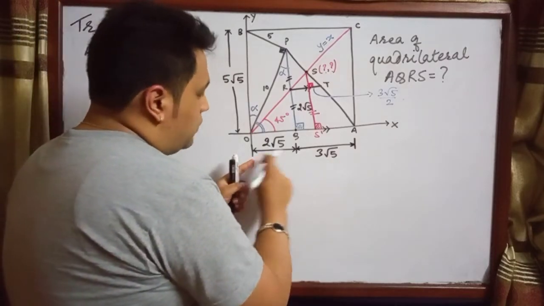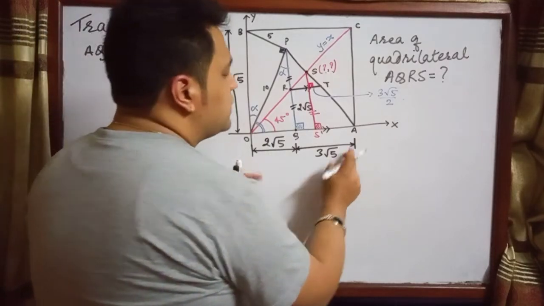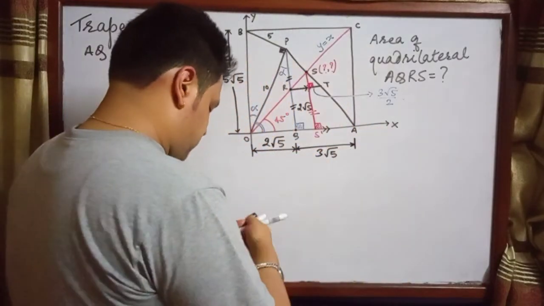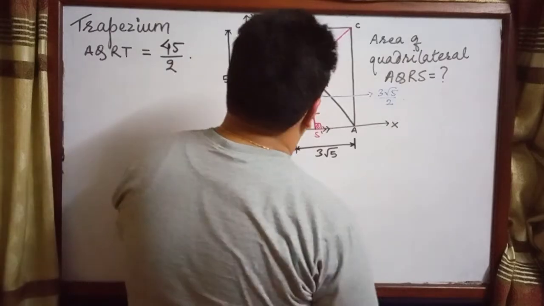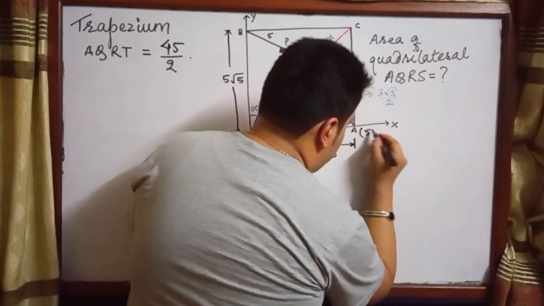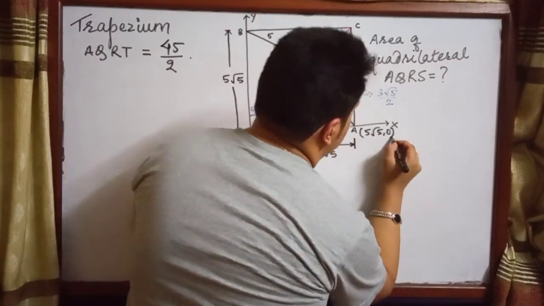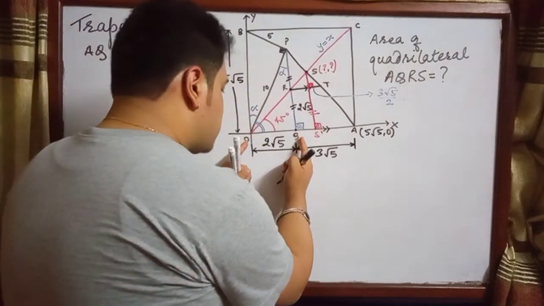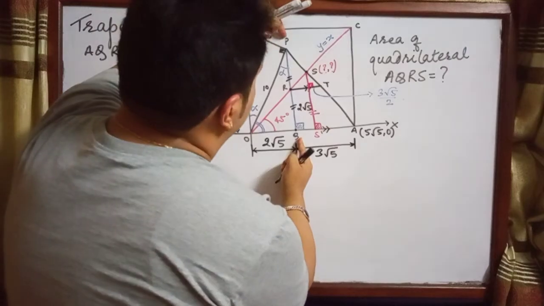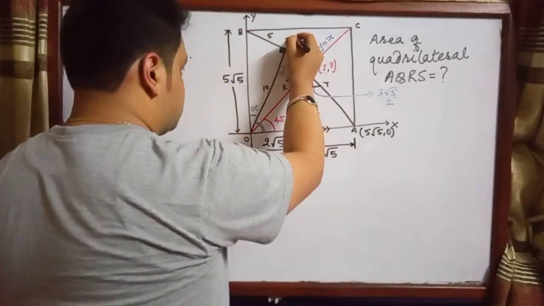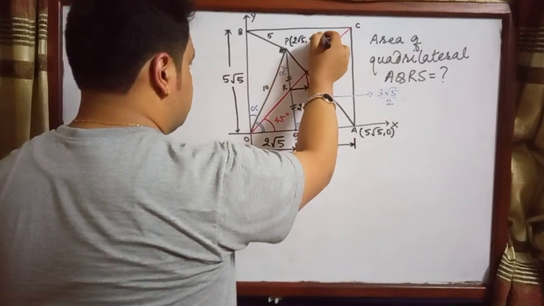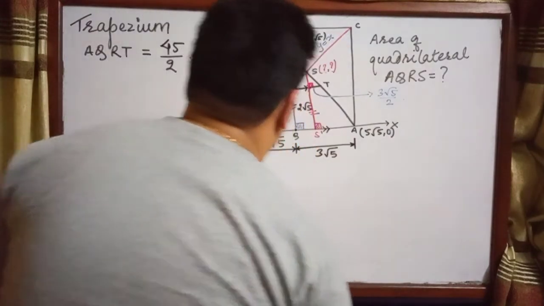The length OA is 5 root 5, so its coordinates are 5 root 5 comma 0. Okay. So let's see, this is 2 root 5 and this is 4 root 5. So the coordinates of P are 2 root 5 and 4 root 5.